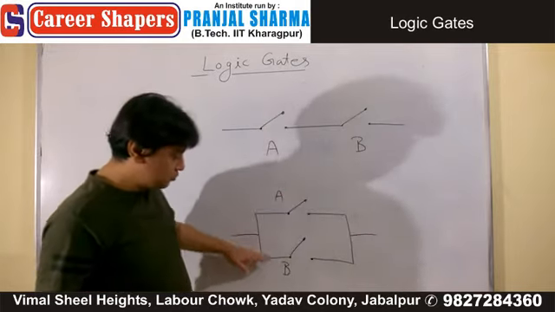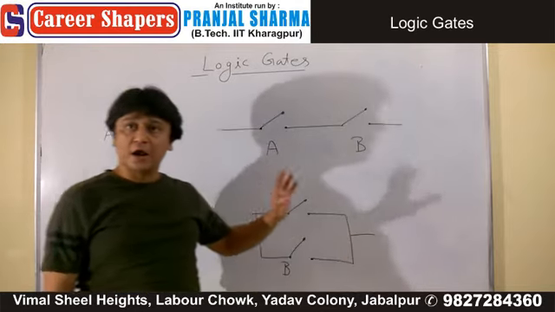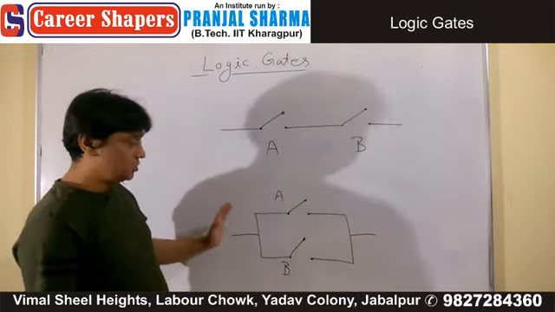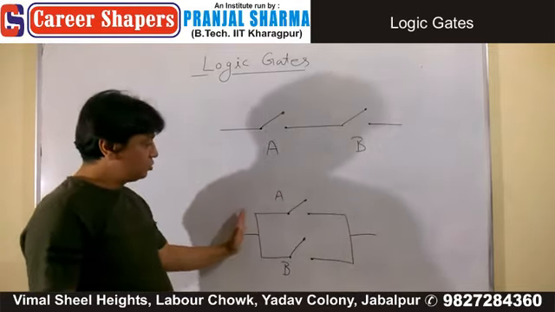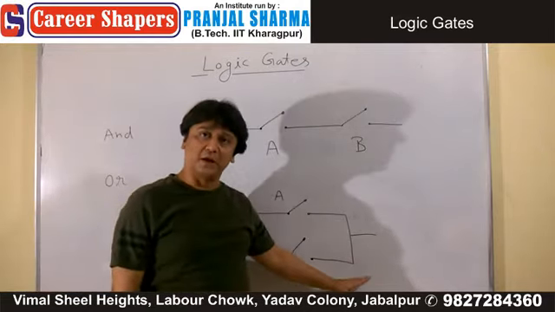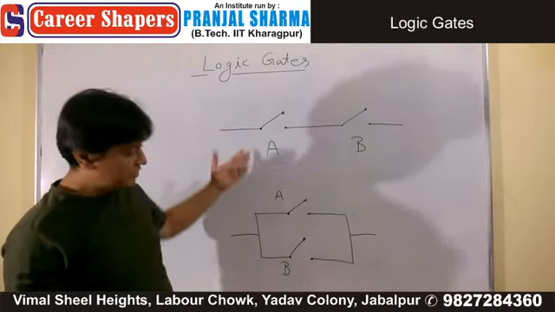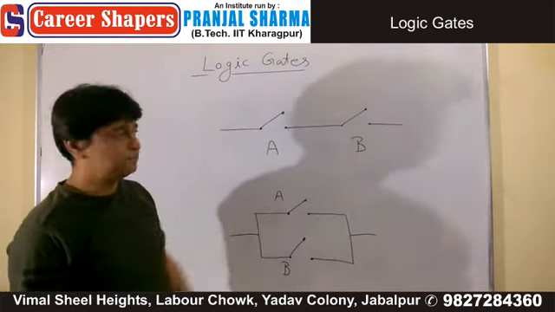If current flows through only B, then also you will record a reading of current here. So there are two possibilities. So you will say that current can flow through A or current can flow through B. This is your AND circuit. This is your OR circuit.